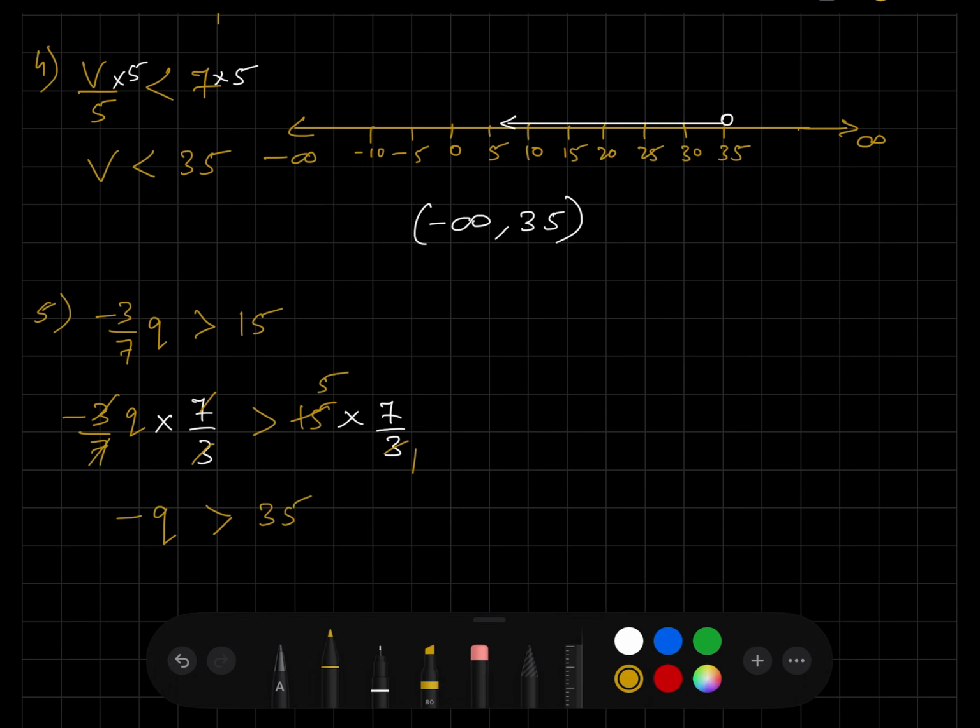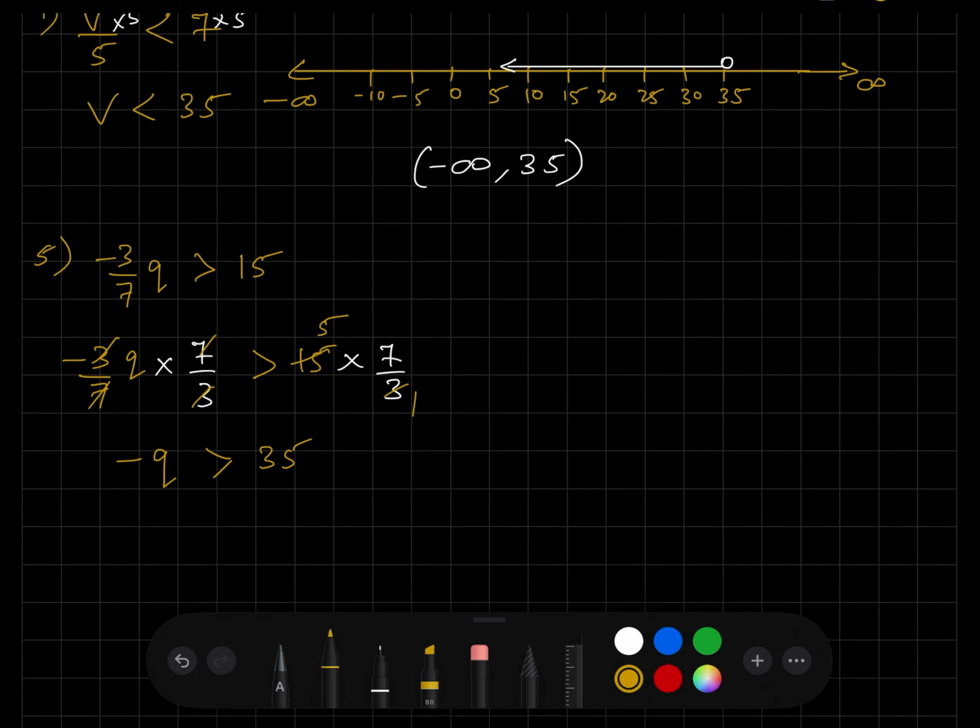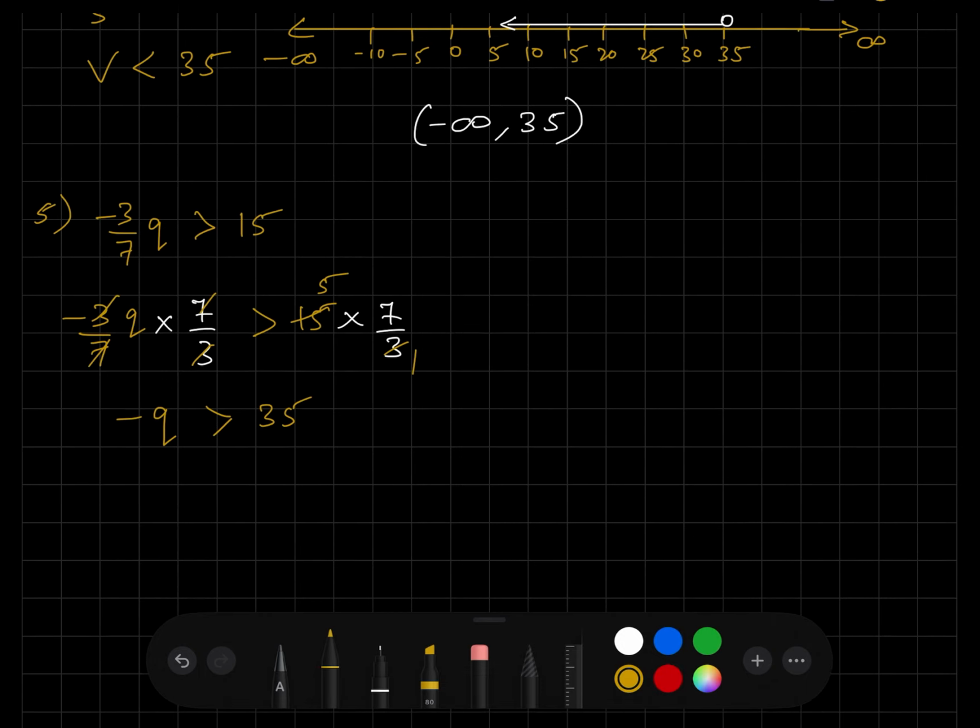Now this is negative q is greater than 35. But we want positive q, so we have to multiply by negative 1 on both sides. When I multiply, negative q times negative 1 becomes q, and 35 times negative 1 becomes negative 35.